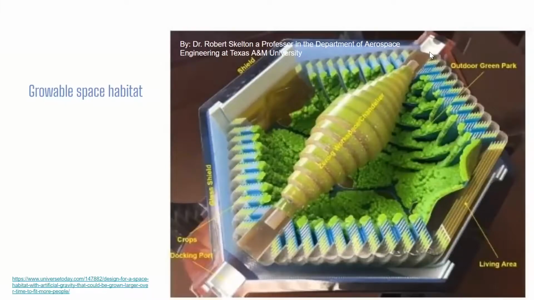Another possible model for you to consider is something that our aerospace engineering faculty have been exploring. So you can see these very small boxes here. This is the rover that we're designing now.